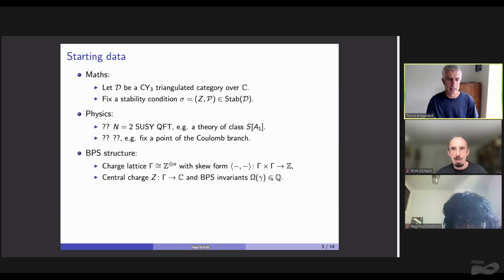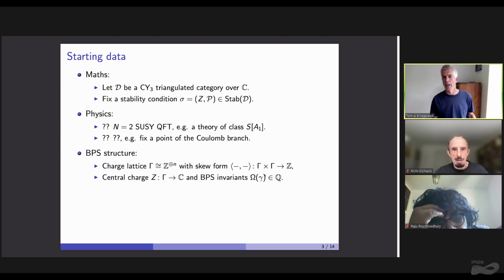There are two other pieces of data: a central charge, which is a map from this lattice into C, and the BPS invariants, which are the interesting bit of the data. For each class in this lattice, each charge, I have a BPS invariant, which is counting semi-stable objects of class gamma in some sense.